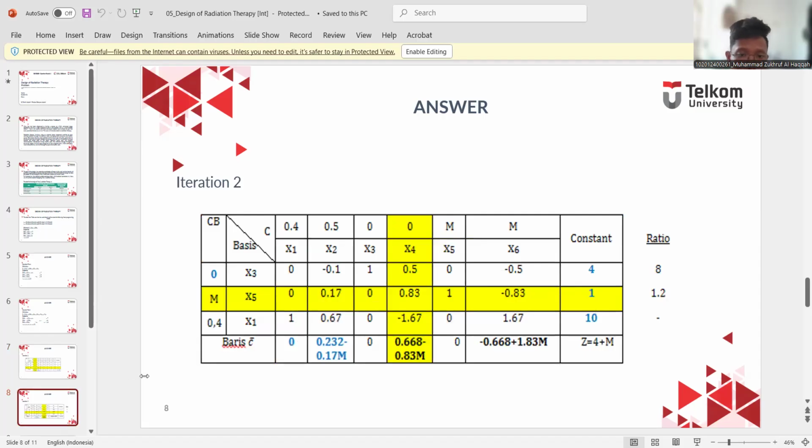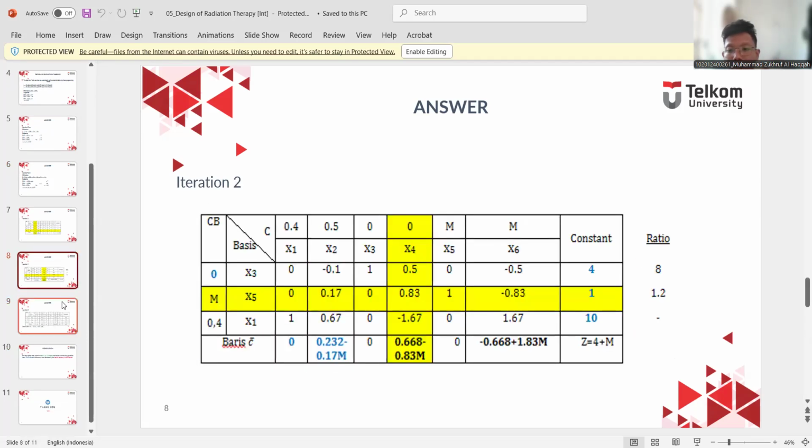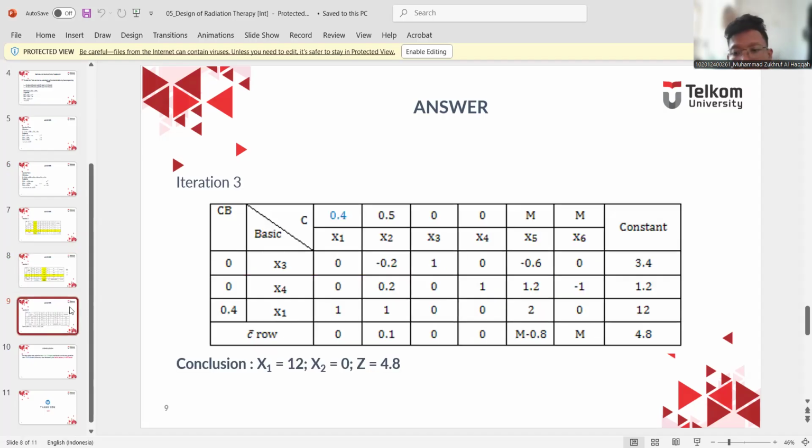In this slide, the third iteration provides us with the optimal solution: x1 equals 12 kilorads and x2 equals 0 kilorads, and the objective value equals 4.8.